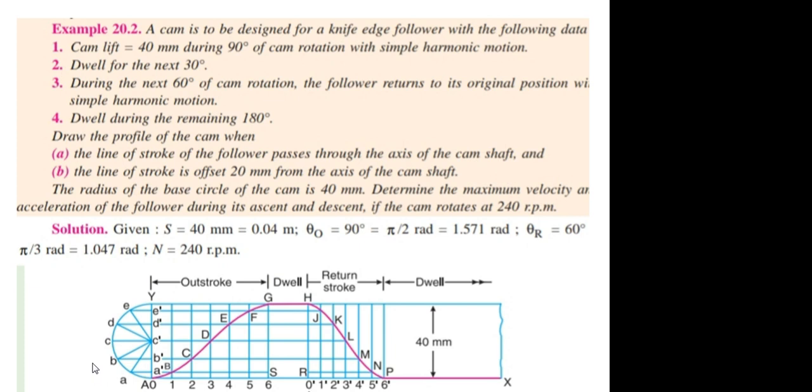So 90 divided by 15, it will be 6 centimeter for theta O. Theta D1, that is first dwell, 30 divided by 15, 2 centimeter. Theta R of 60 degree, so it is 60 divided by our scale 15 degree, it is 4 centimeter. And there is no need to show the remaining 180 divided by 15, that much centimeter. You can show that by taking a line.